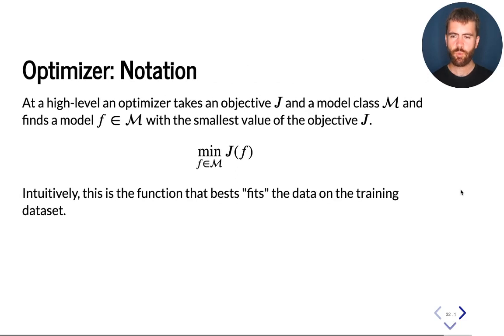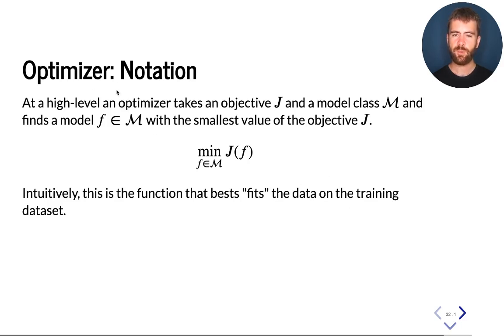So we have now seen what is a model, what is the model class, and what is an objective function or loss function. The remaining missing piece is the optimizer. So we need some way of finding a function, finding a model which has a good fit, which optimizes our objective function.